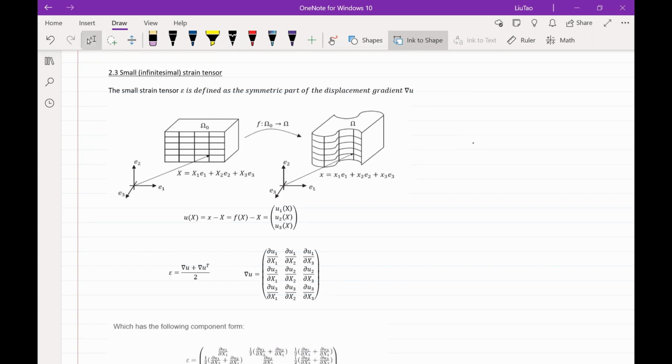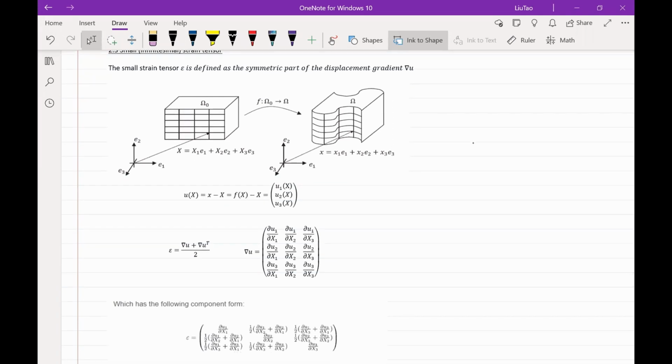When it comes to the small strain tensor, this small strain tensor epsilon is defined as the symmetric part of the displacement gradient del u. If u is the displacement function, del u is equal to this: the first row is partial u1 with respect to x1, x2, x3.